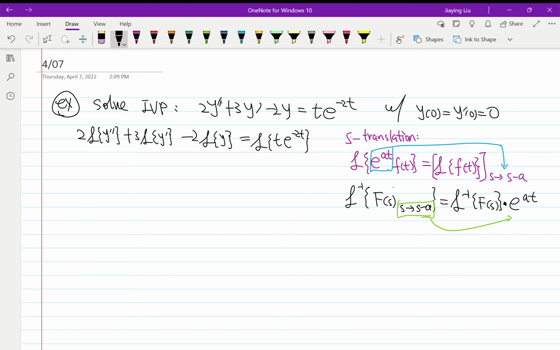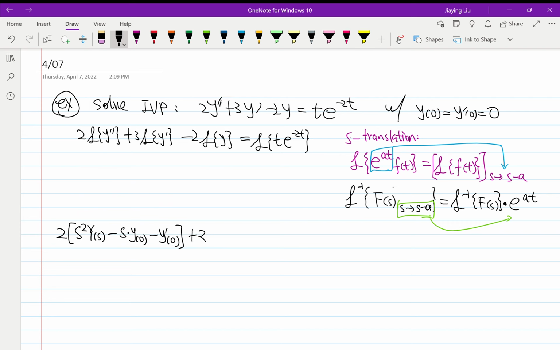From here, I'm going to substitute for the Laplace transform of the 3 terms on the left. So that will give us 2 brackets s squared capital Y of s minus s times lowercase y of 0 minus y prime of 0. I'm going to move it down a little bit, running out of space there.